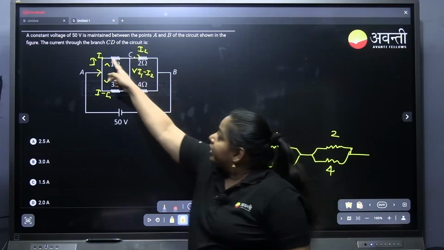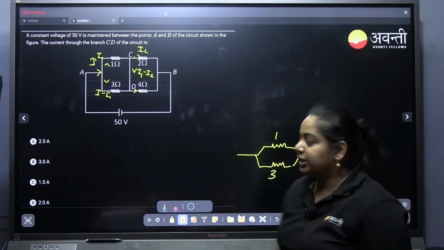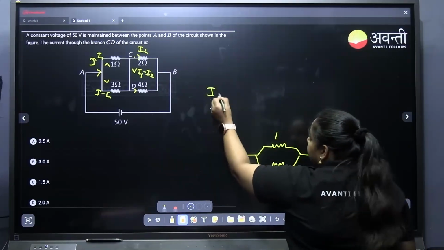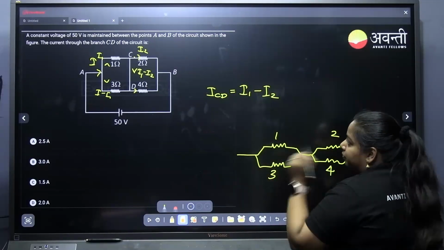We only need to find I1 and I2, and I1 minus I2 will be the current through CD.